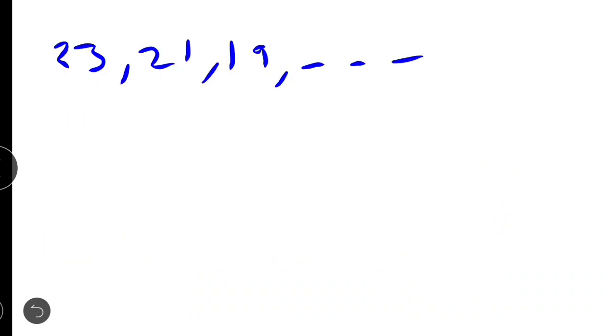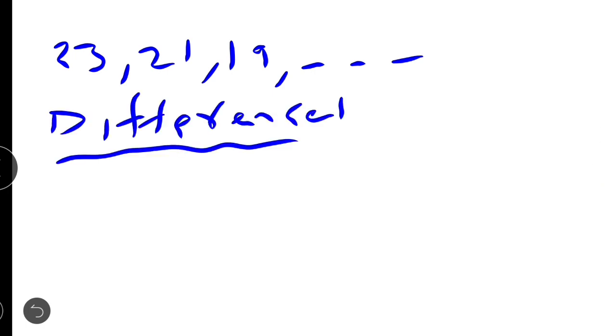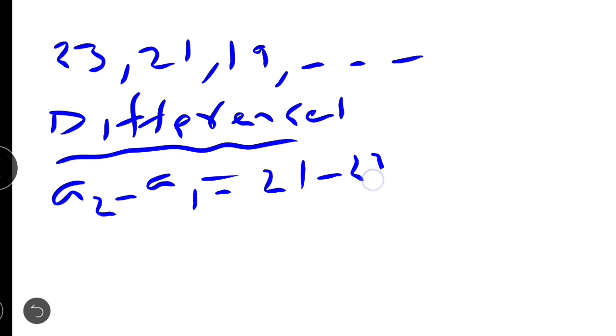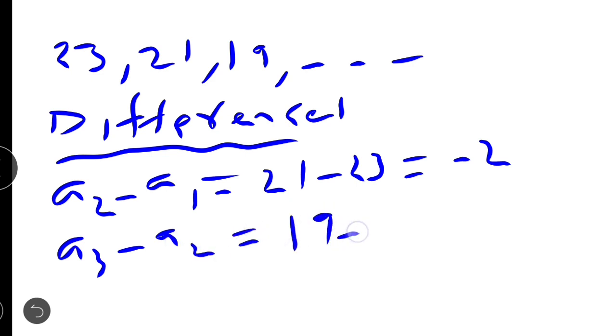But before finding A10, let's verify whether this list of numbers forms an AP or not. First A2 minus A1 equals 21 minus 23, which is minus 2. Second difference A3 minus A2, 19 minus 21, is minus 2.